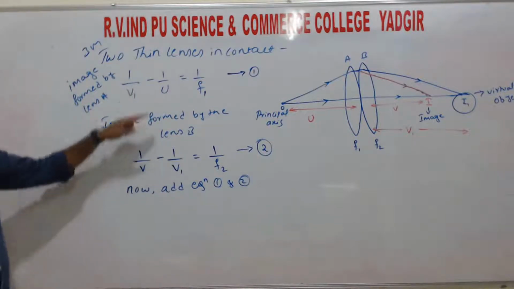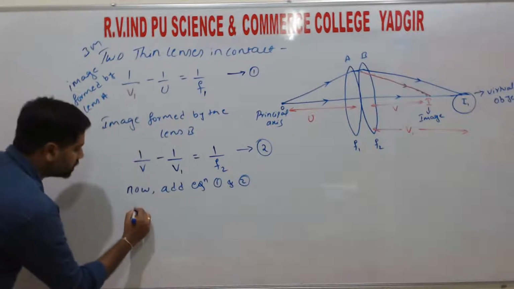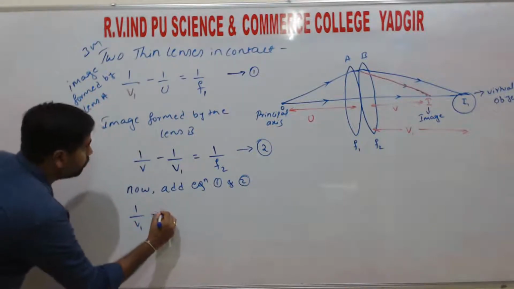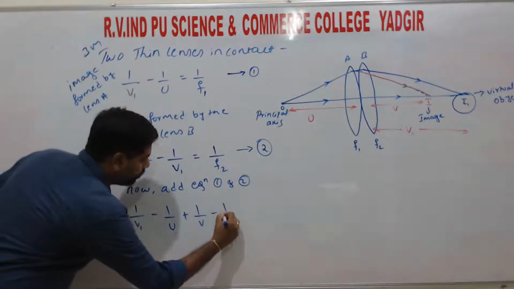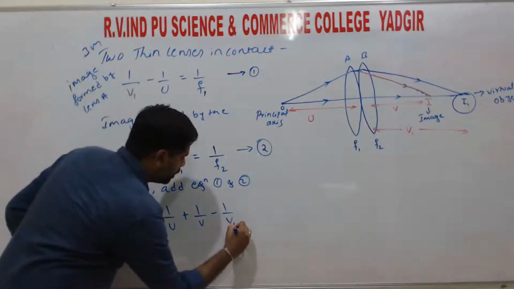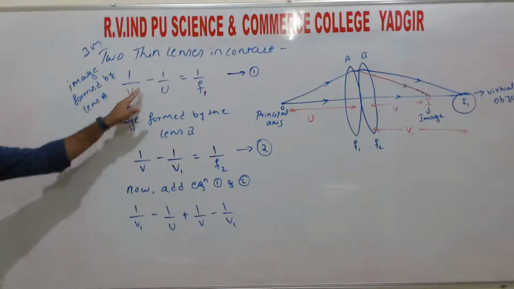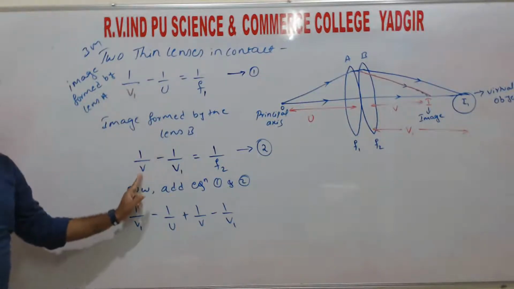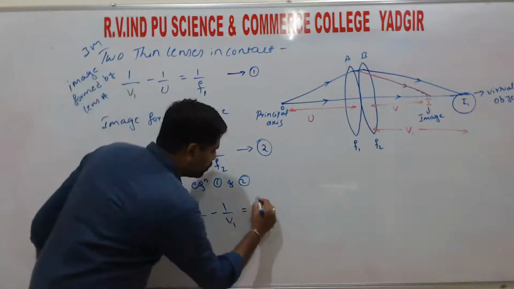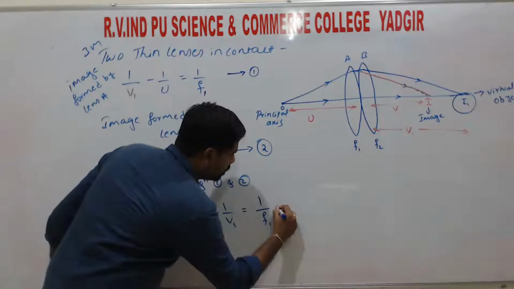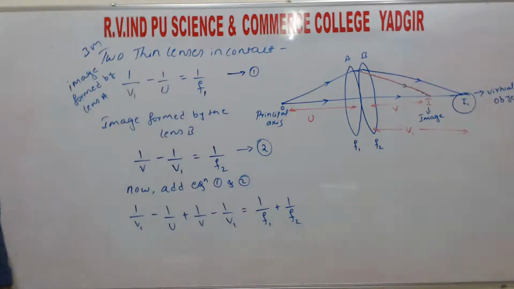Adding these two equations, in the LHS we have 1 by v1 minus 1 by u plus 1 by v minus 1 by v1, which is equal to 1 by f1 plus 1 by f2.